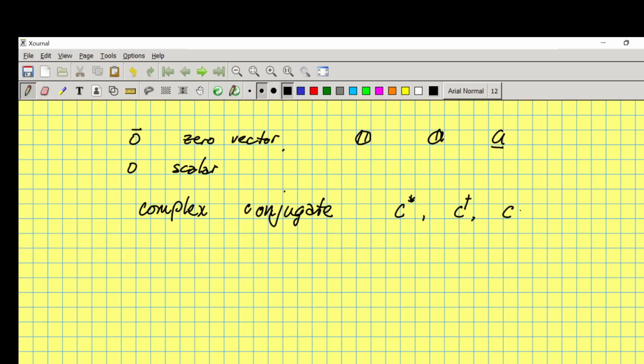The other one is you put an H up here. It means Hermitian. It's for a mathematician's name. And the thing is, these things are also used if we have a vector or a matrix.